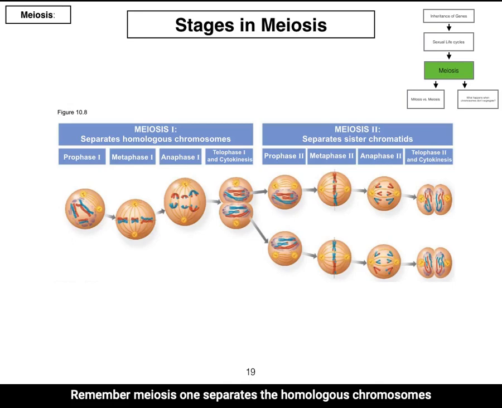Remember, meiosis 1 separates the homologous chromosomes, and meiosis 2 separates the sister chromatids. That is the main distinction between meiosis 1 and meiosis 2. You could look under a microscope and be able to determine which stage of meiosis you were in, meiosis 1 or meiosis 2, based on the chromosome location and the chromosome number.